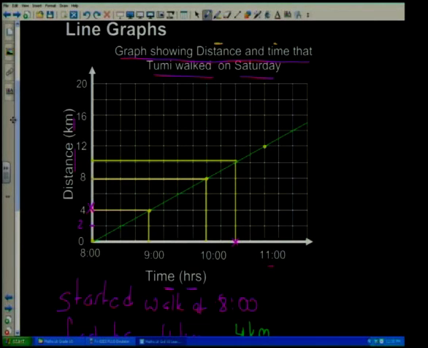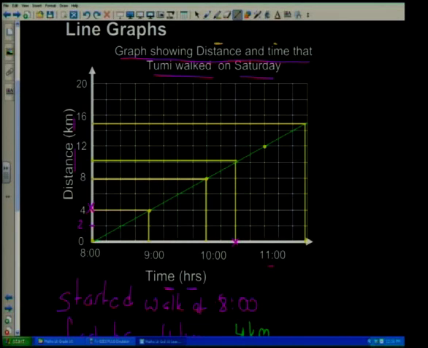So, how many kilometers did she walk? So let's get a line. Right. And our final distance, draw a line across. She walked, now this is in between the lines, so we've got 12, 14, 15 kilometers in total. And how long did that take her? Well, we draw a line down, and I think I better start that line again. We draw a line down from there to the end, and we can see that was 11.